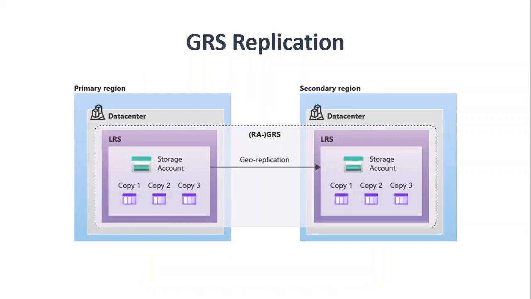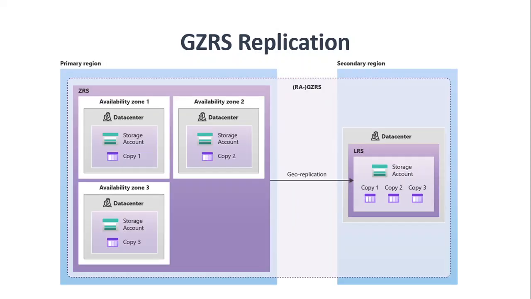For that, we need to use GRS, geo redundant storage replication. Geo redundant storage creates three copies synchronously as in locally redundant storage, and an asynchronous copy to the secondary region, where again three copies are created synchronously. In this case, if our primary region goes down, we will still be able to access the data through the secondary region. This is for critical applications.